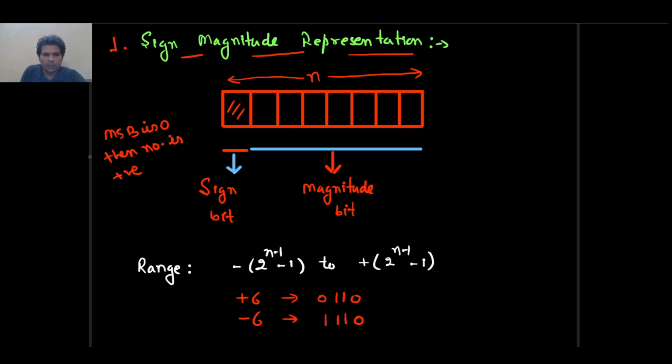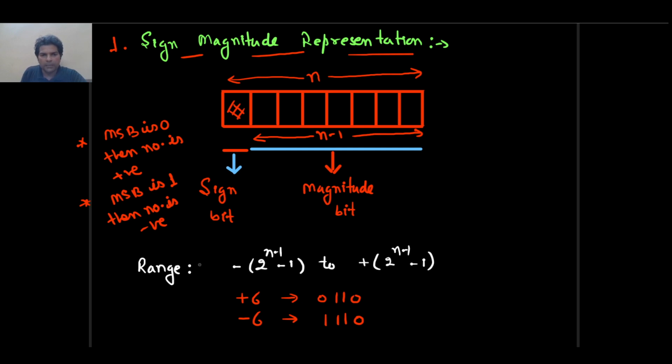And second point, if MSB is 1, then the number is negative. This MSB is reserved only for the sign, and the rest n minus 1 bits are responsible for its magnitude. These are the magnitude bits, and this one is the sign bit.